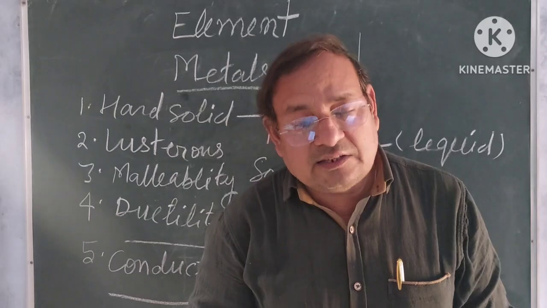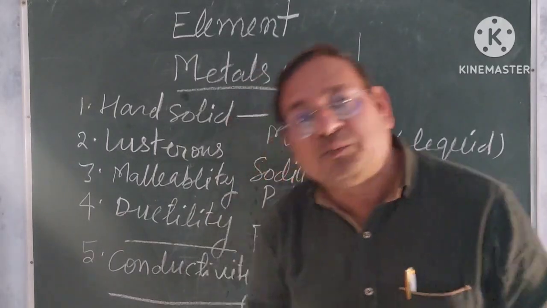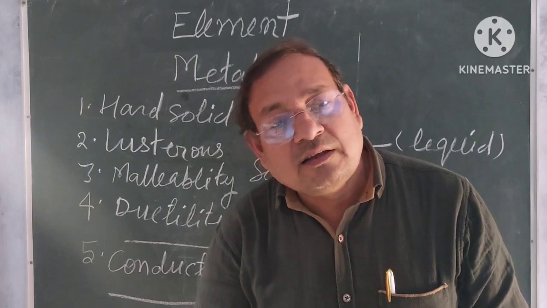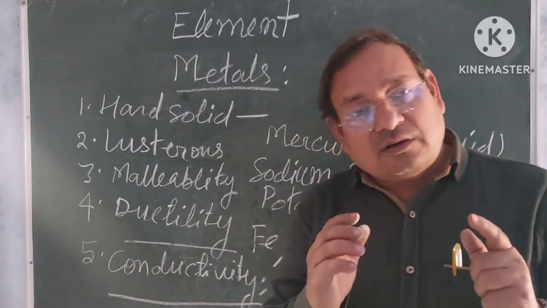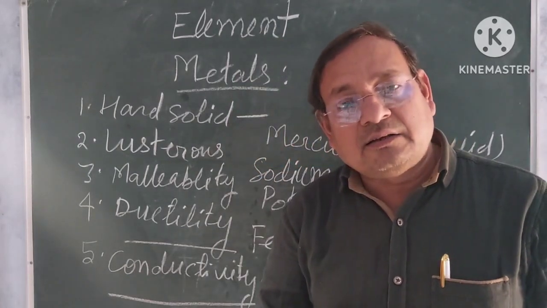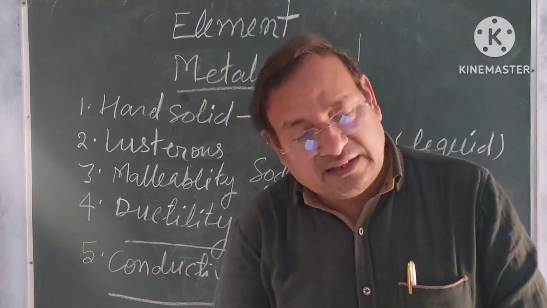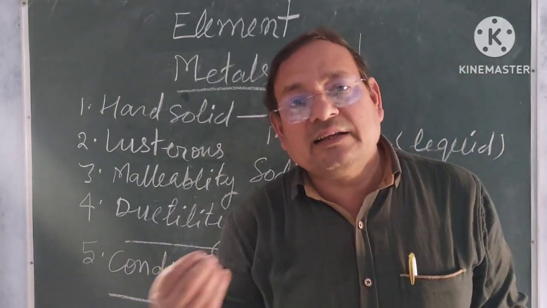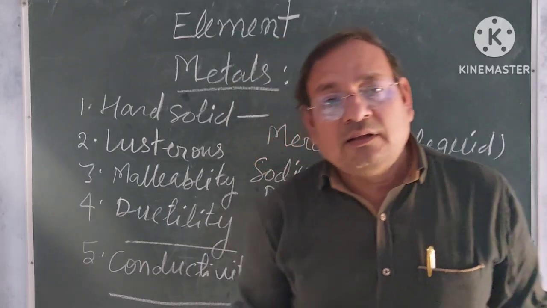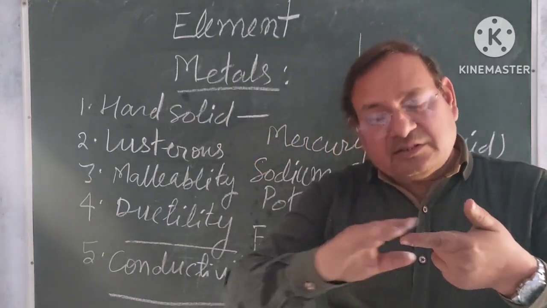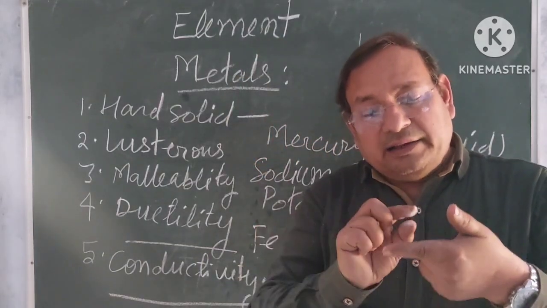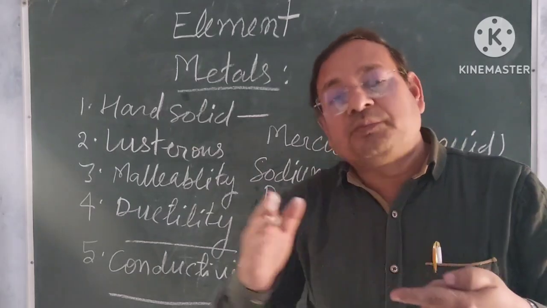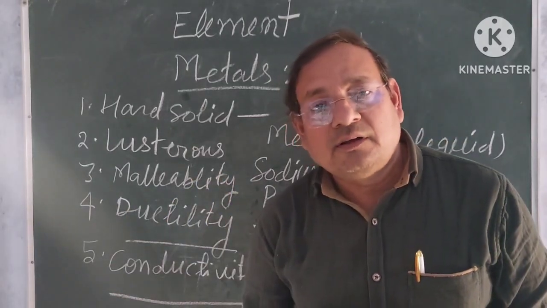My dear students, here is a very clear-cut picture about conductivity. If anything is a conductor, that will conduct heat and electricity. Conduct means that from that material, electricity and heat can transmit from one place to another.